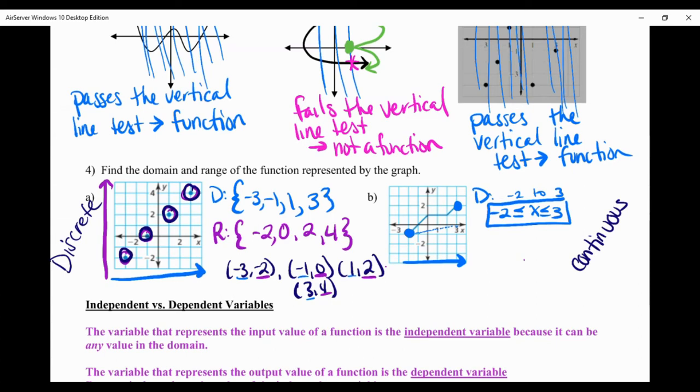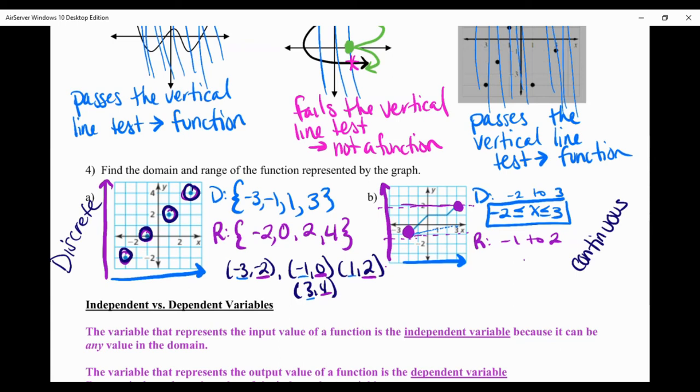So for the range, scan from the bottom to the top. The smallest y value is at -1. The largest y value is at +2. Okay, so this time we're going to use the variable y. And it's everything in between too, which is why it's continuous.